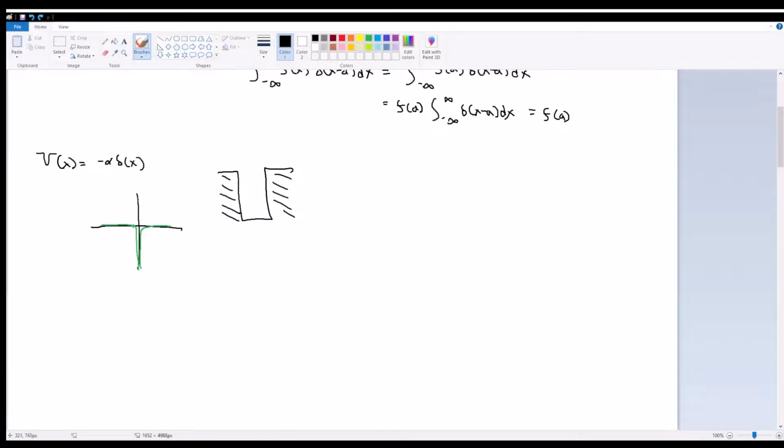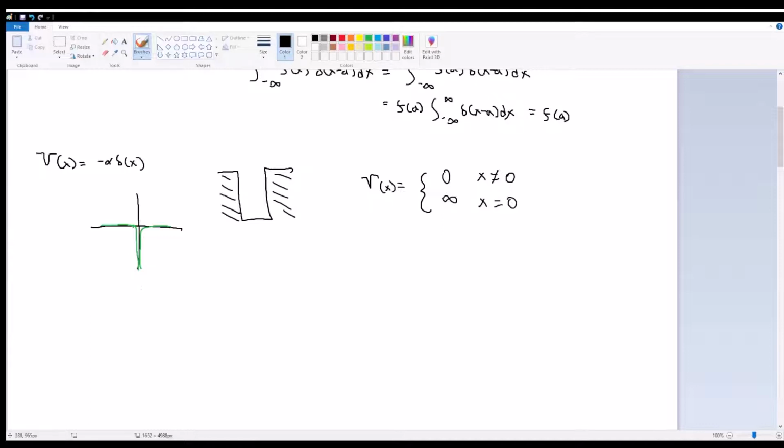V of x is going to equal 0 if x doesn't equal 0, and it's going to equal infinity if x does equal 0. So there's only a single discontinuous point at which my potential is not 0, and everywhere else it's exactly equal to 0, which is the case we've always been dealing with when we were looking at the infinite potential well.